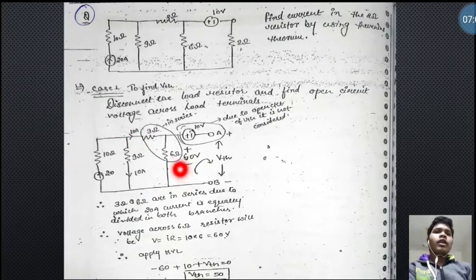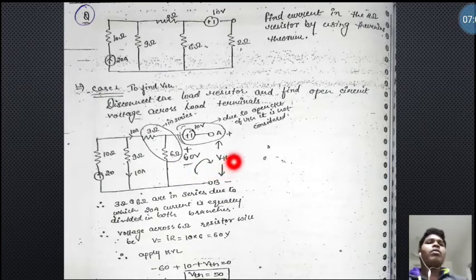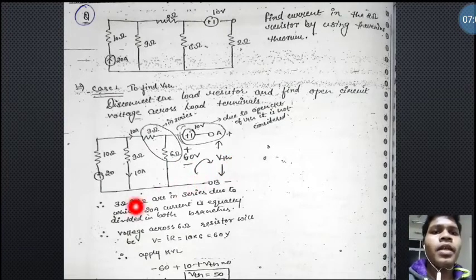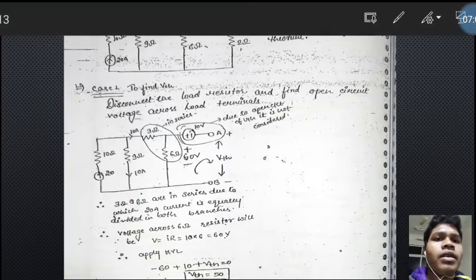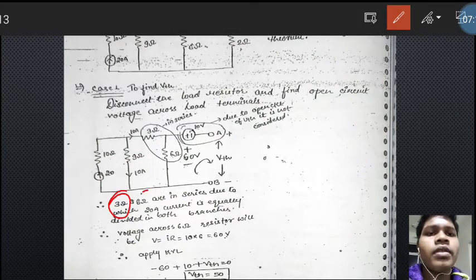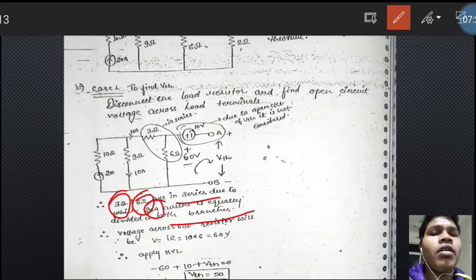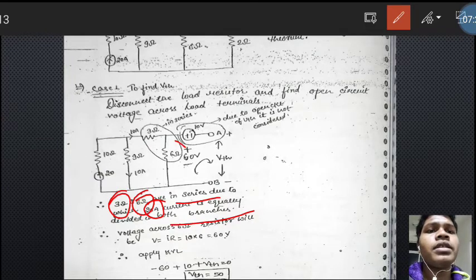If 10 ampere is flowing, then by using KVL analysis we can calculate the Thevenin's voltage. Whatever I have discussed, this 10 ampere is mentioned here. The 3 ohm and 6 ohm are in series, due to which the 20 ampere current is equally divided in both branches. The voltage across the 6 ohm resistance, by Ohm's law, is V equal to 10 into 6, that is 60 volt.